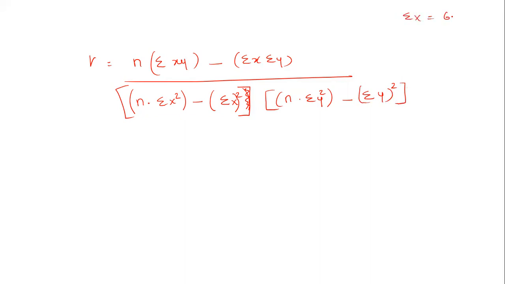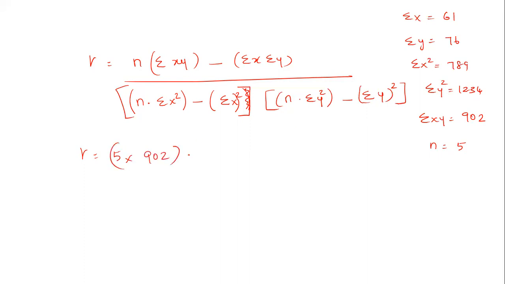Summation X is 61, summation Y is 76, summation X square is 789, summation Y square is 1234, and summation XY is 902. There are 5 samples, so N is 5. Let's substitute everything: 5 into summation XY, which is 902, minus summation X, 61, into summation Y, 76.